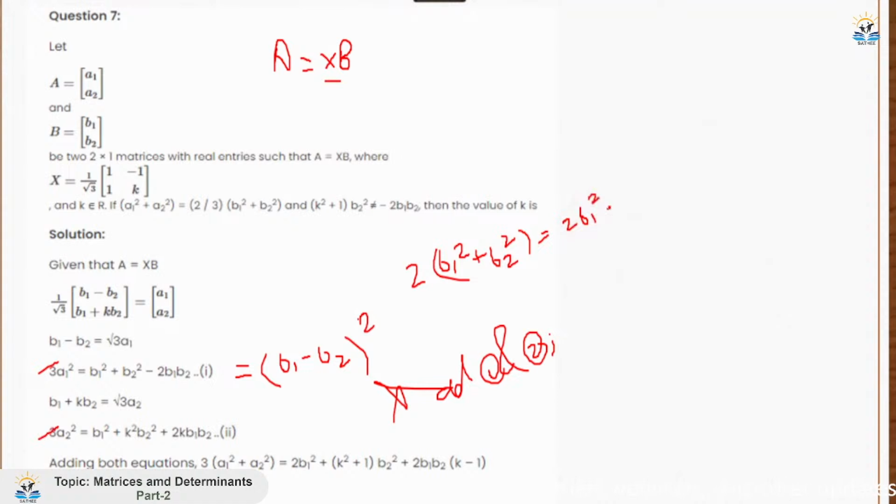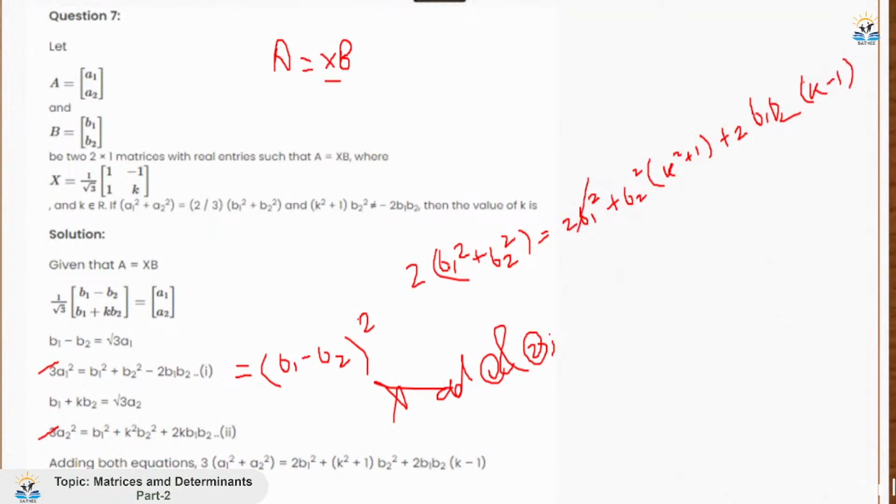2b1 square plus b2 square times k square plus 1, plus 2b1 b2 times k minus 1.